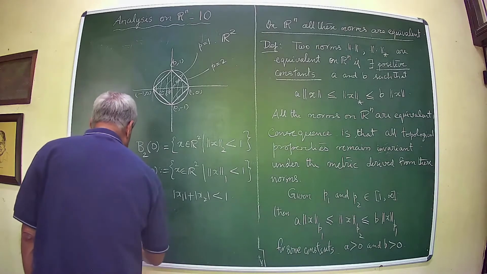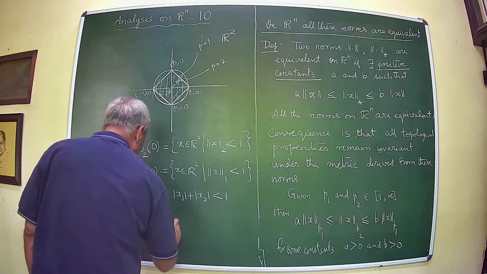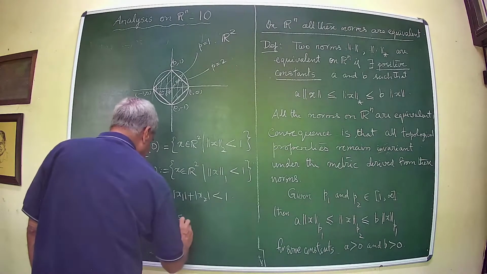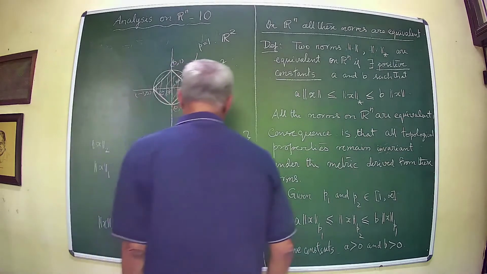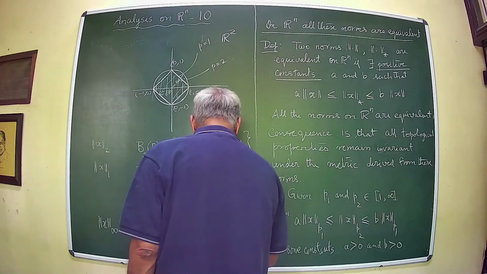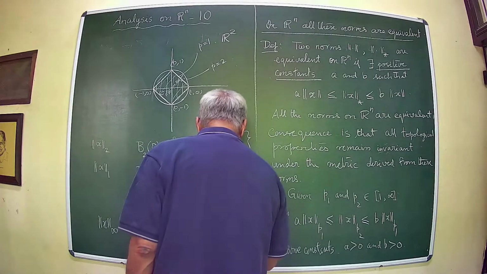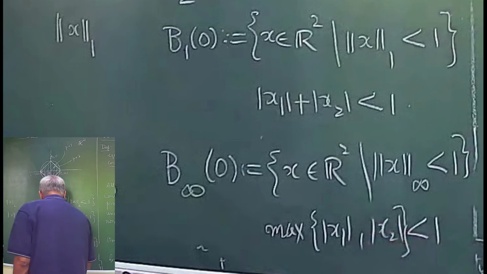What about infinity? So you have B infinity, 0, x belonging to R2, for which norm of x infinity is less than 1, and that leads to maximum of mod x1, mod x2 is less than 1.